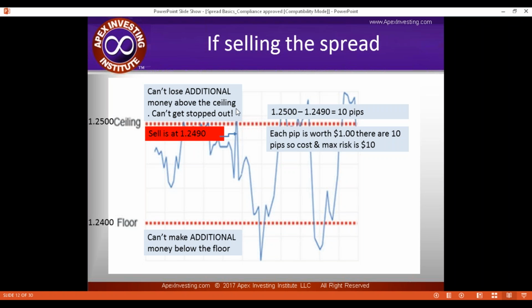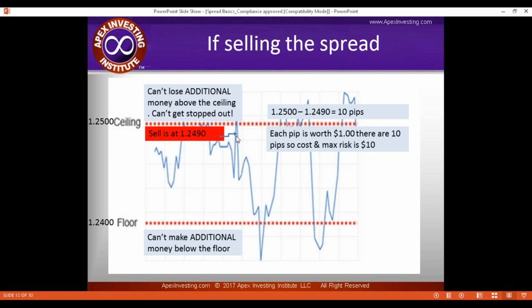No, this trade does not close out until I either close it out or until the spread expires. So the market can go against me outside of the spread, but I can still be in the trade, and then it comes back into the spread and I could still profit. Just because it hits a floor or ceiling doesn't automatically kick me out of the trade, which is great, right?